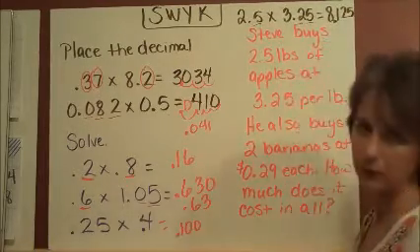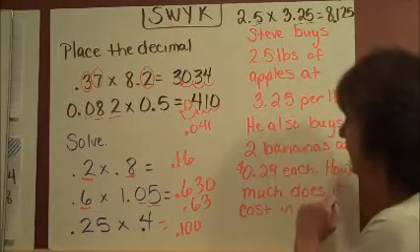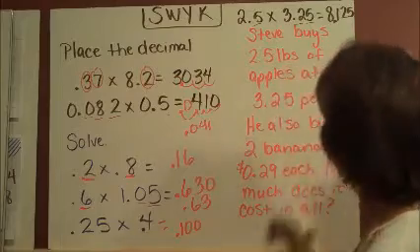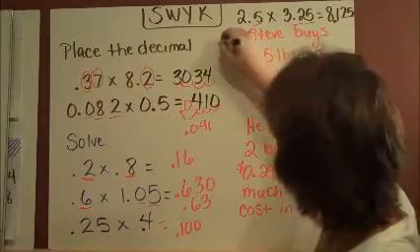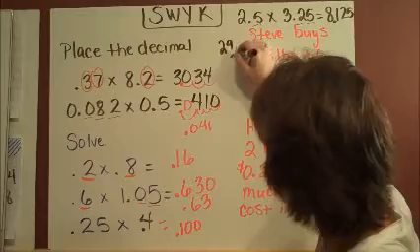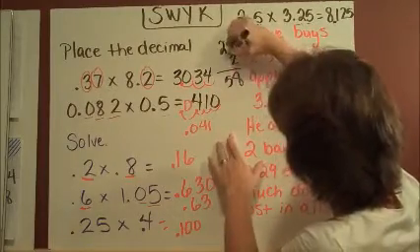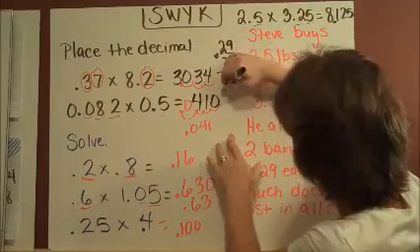So 8.125 is what he paid for the apples. 2 bananas at 29 cents each. So 29 times 2 is 58. And there's 1, 2 behind the decimal.